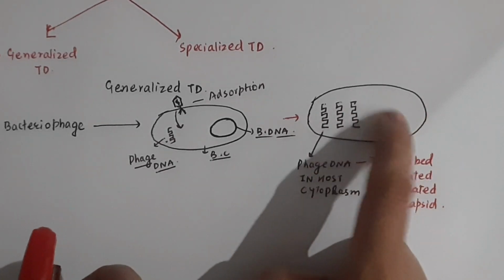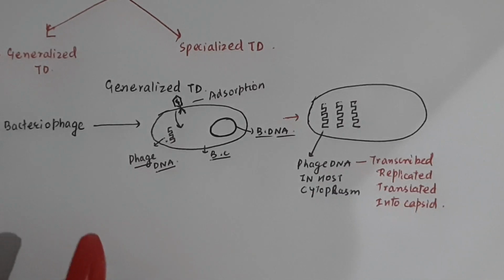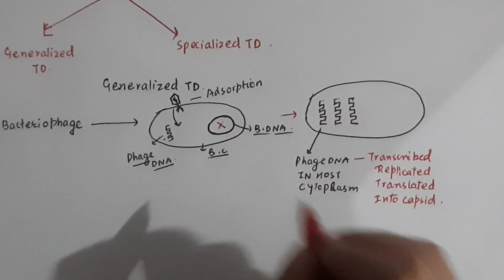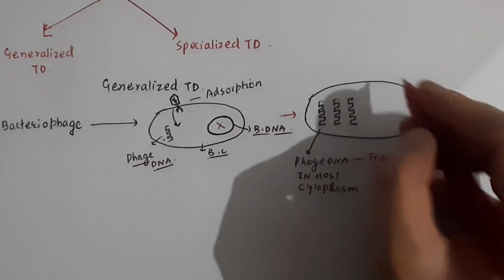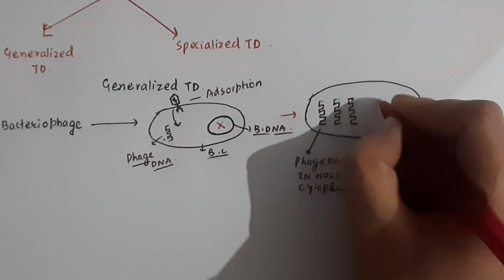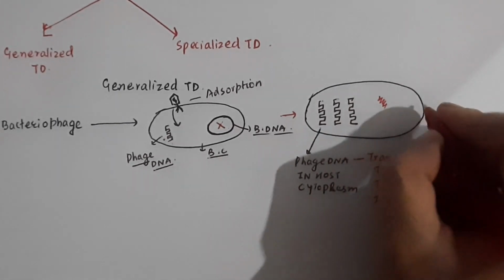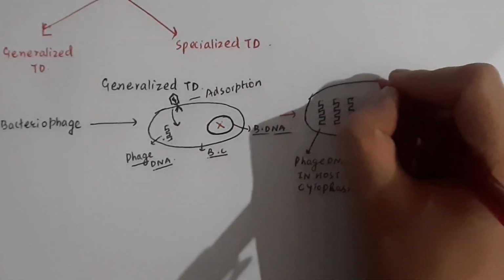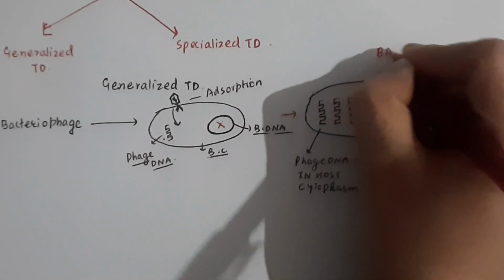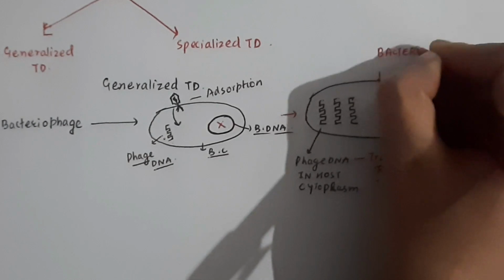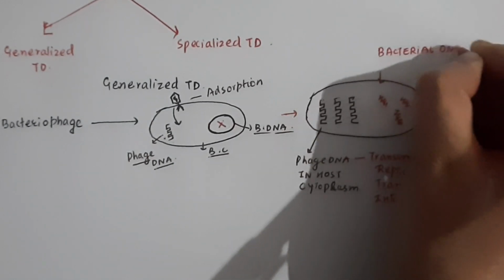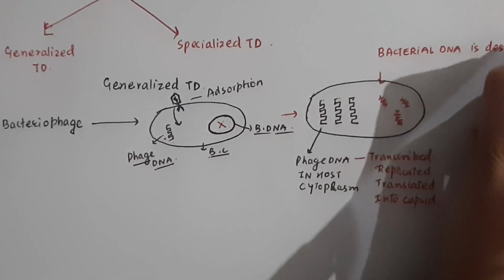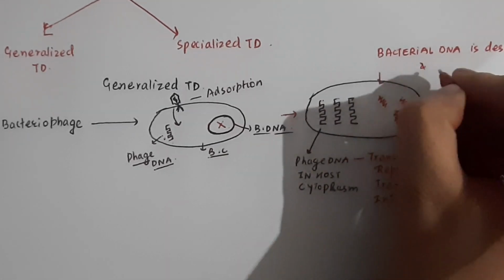What happens to the bacterial DNA? At the same time, in the presence of viral DNA, this bacterial DNA undergoes lysis, meaning it is destroyed and repressed in the presence of phage DNA.